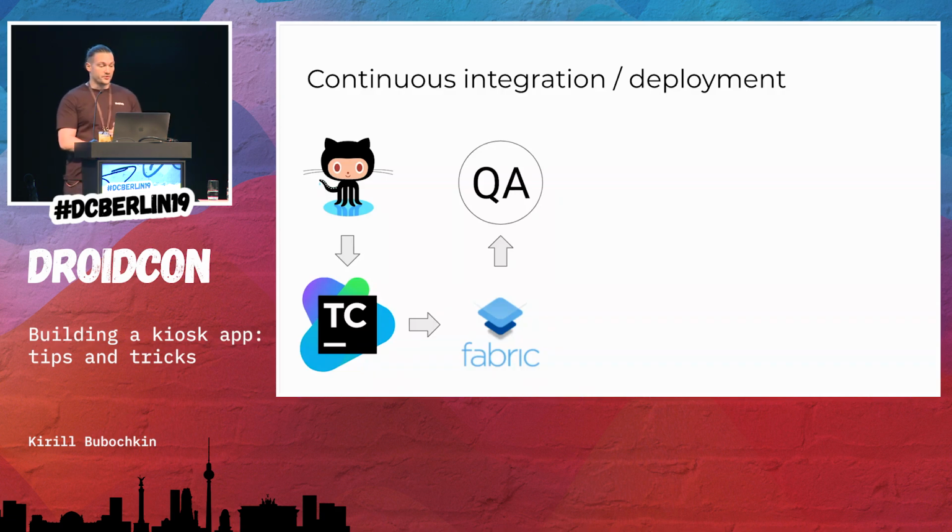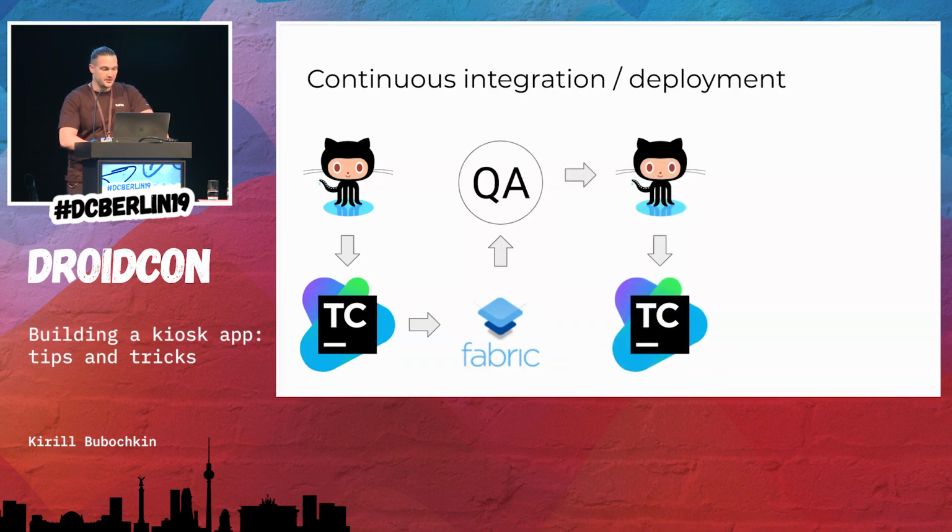Once the issue is verified and the pull request is reviewed, it's merged into the master branch, which again triggers a TeamCity build. But this time, the APK is uploaded to Azure storage using our custom Gradle plugin. It's really a simple plugin.